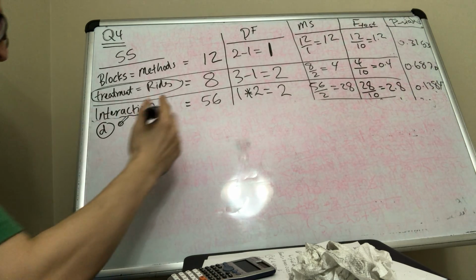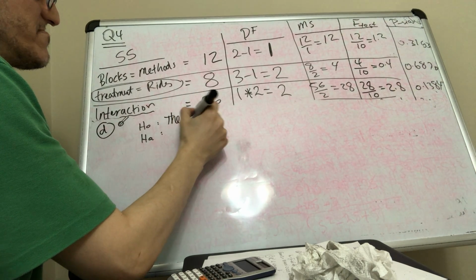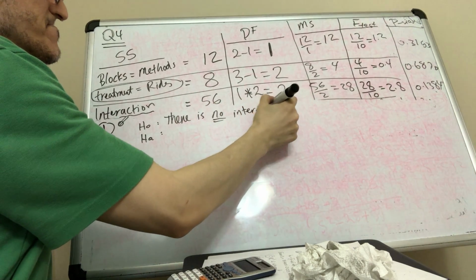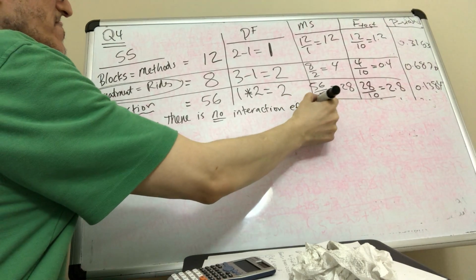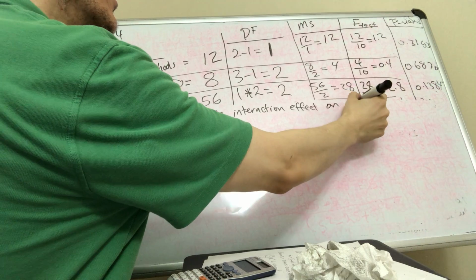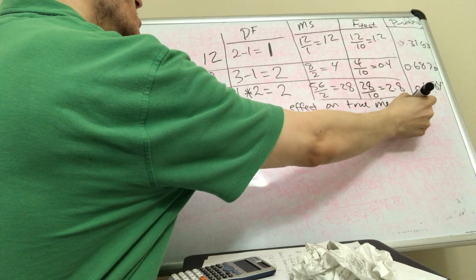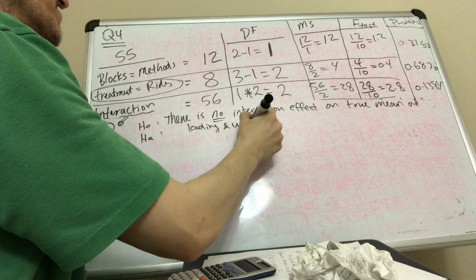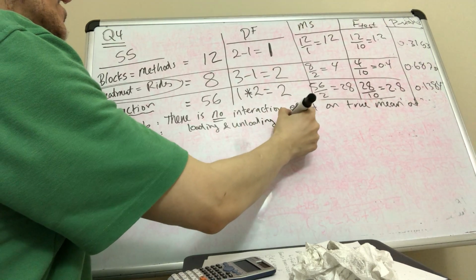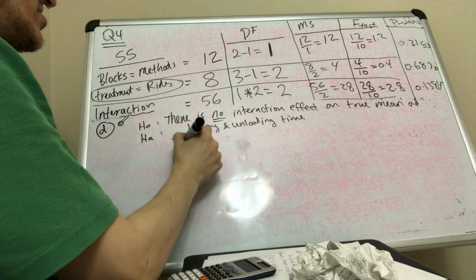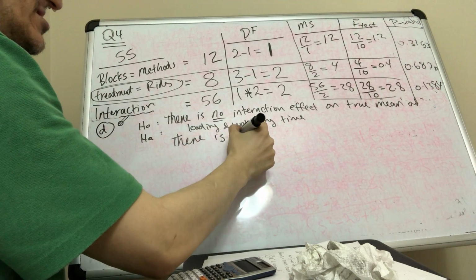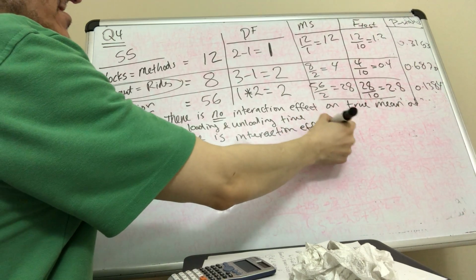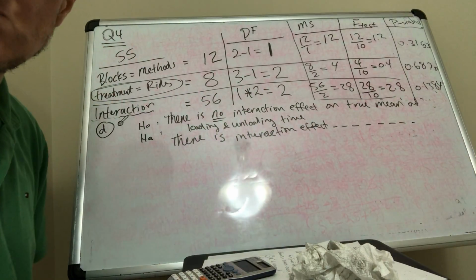For interaction, H0 says there is no interaction effect on true mean of loading time, and HA says there is an interaction effect on the mean of loading and unloading.